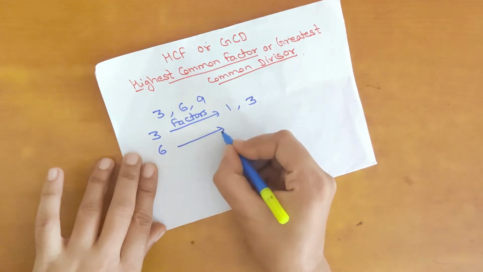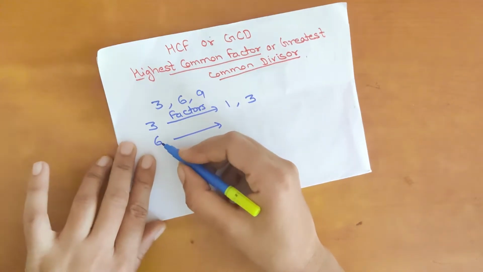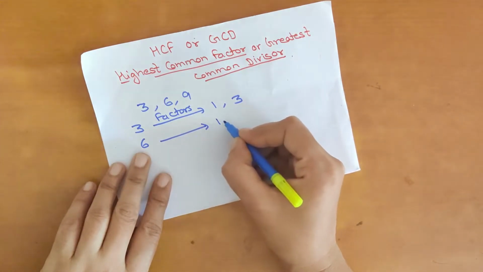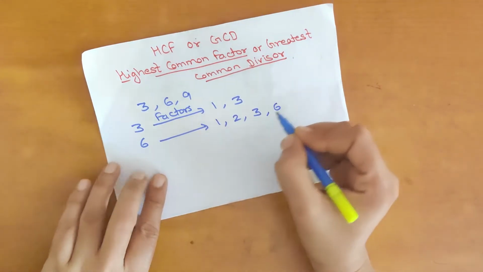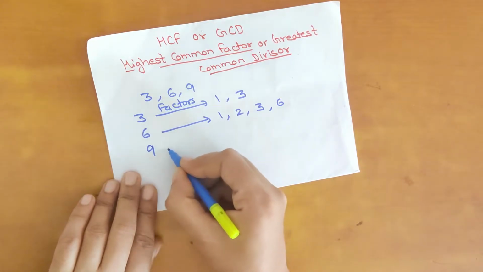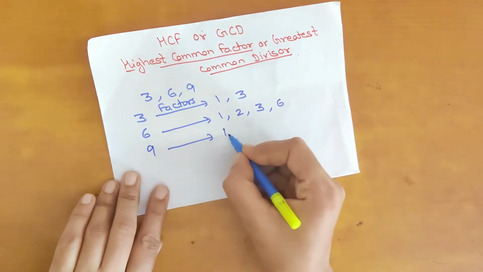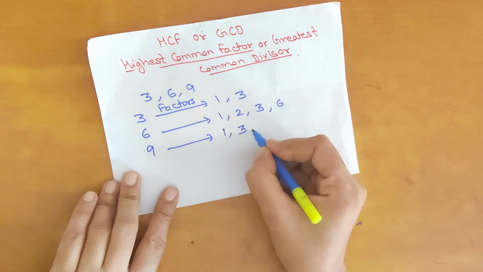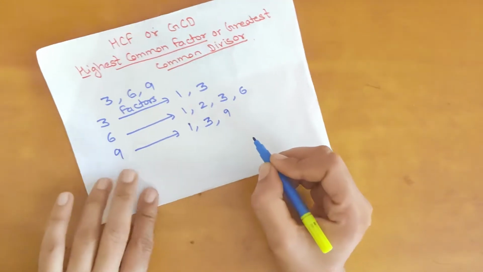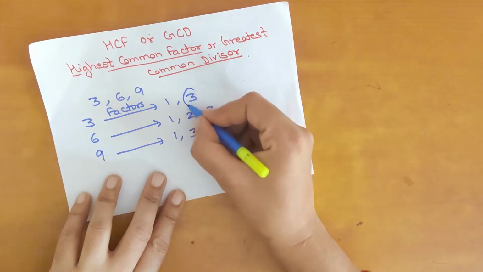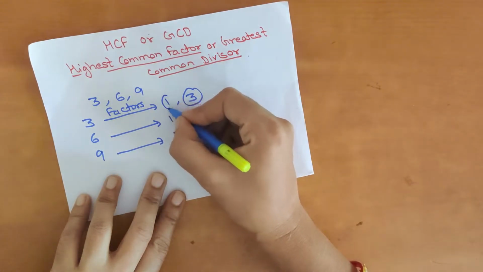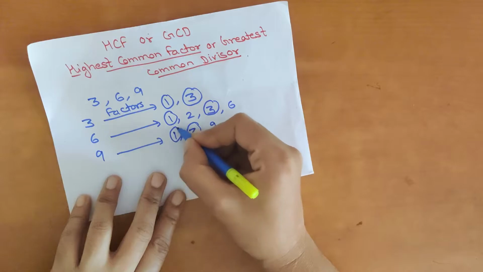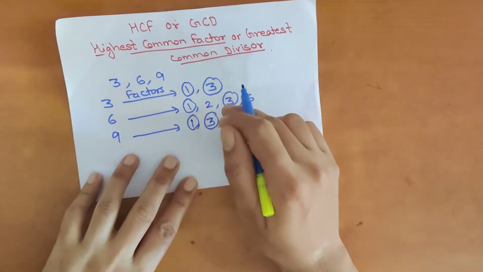Next number is 6. So factors of 6 are 1, 2, 3 and 6. And factors of 9 are 1, 3, 9. So here we got common factors 1 and 3.